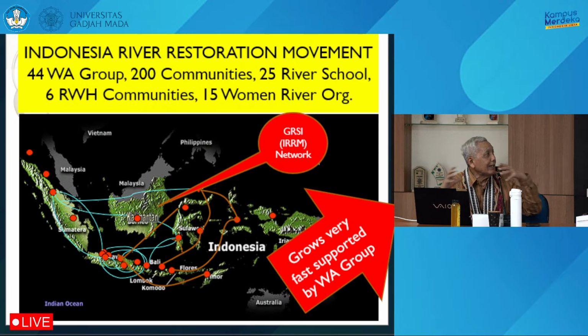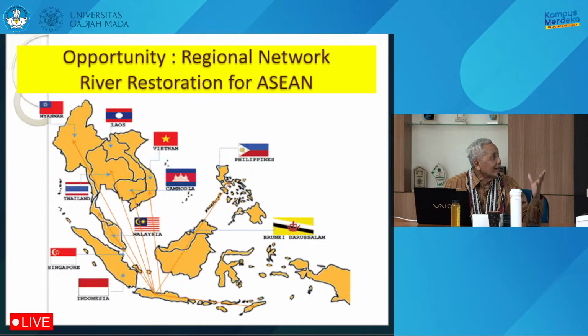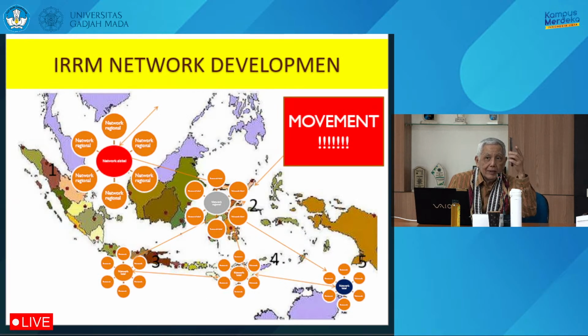This is our network in Asian river restoration. We develop it in Chulalongkorn, Chiang Mai. By mobile phone we organize so many agents.